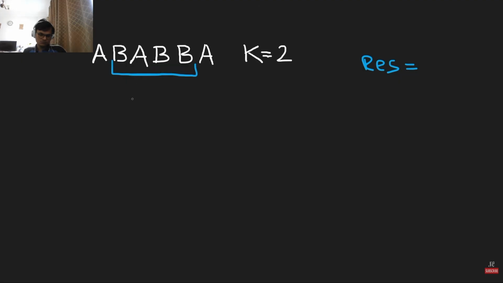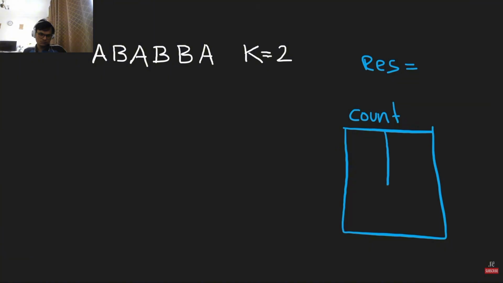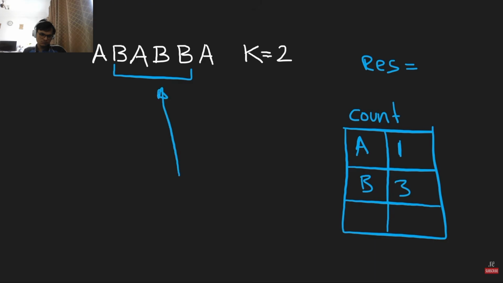So what we're going to be doing is we are going to have a hash map or an array, which is going to take every single character. In this case, we only have characters A and B, and we're going to count the number of occurrences of each character. So for example, if we were looking at this substring, we see that there's 3 B's and we have a single A. So how do we know if this window is valid?